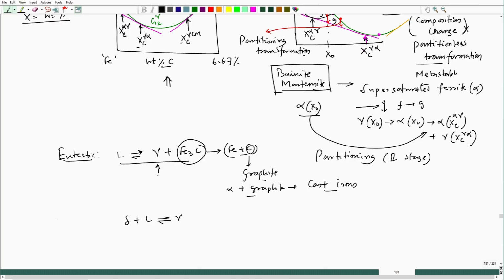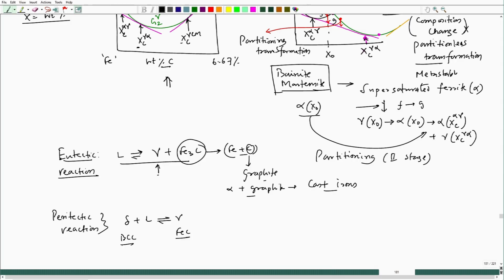Okay. So, the earlier one is the eutectic reaction, and this is called the peritectic reaction. In this peritectic reaction you also see, this is BCC and this is FCC.